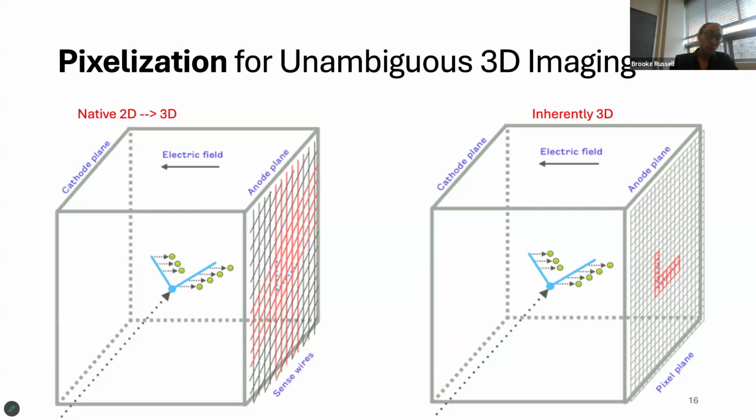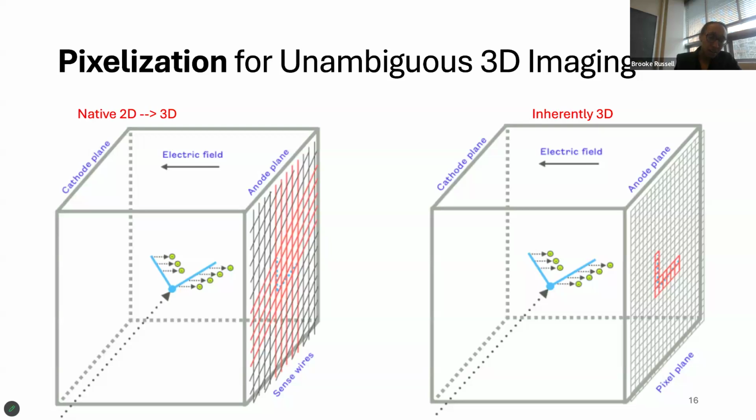Those ionization electrons drift to the anode plane, where we typically have multiple planes in parallel with wires or strips at various angles of inclination, such that on a given plane, we can create a 2D picture in time and channel of the topology of interaction that occurred in the active volume. By combining the various planes, we can create a 3D image. And that's how we historically have read out these detectors.